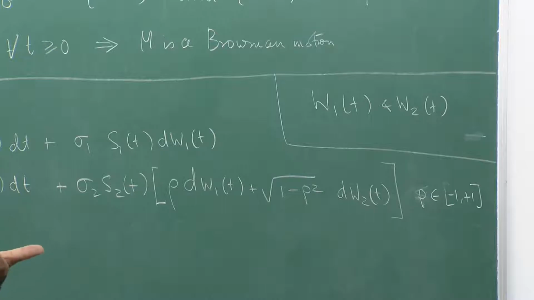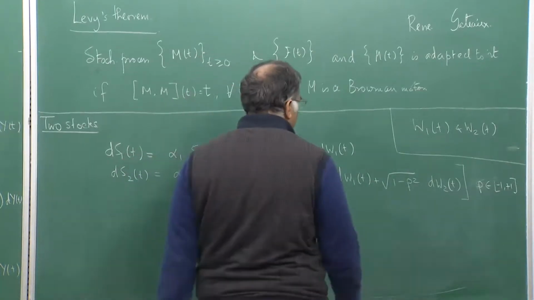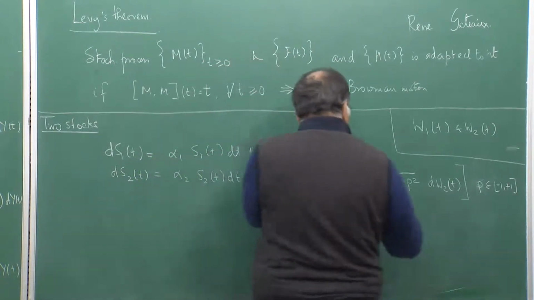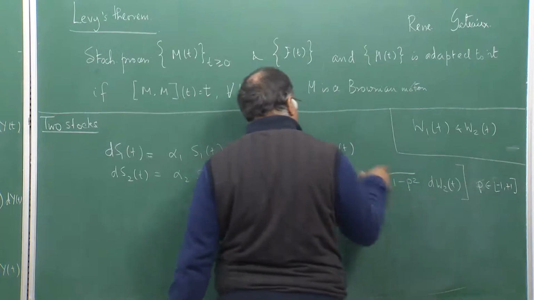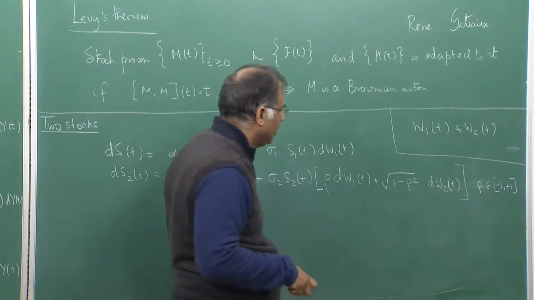So, you are getting the Wt as W1t, W2t, that is an independent process, but this other process could be correlated to this, and they might not be independent.